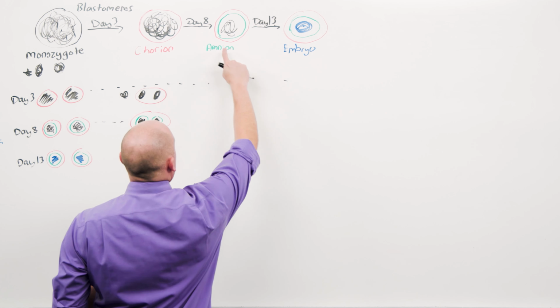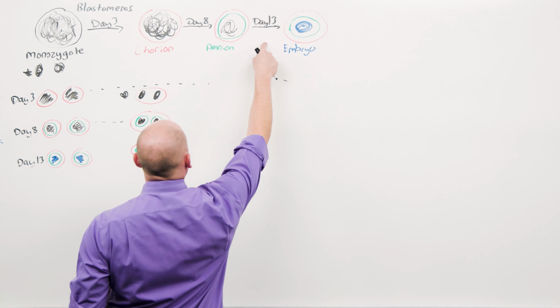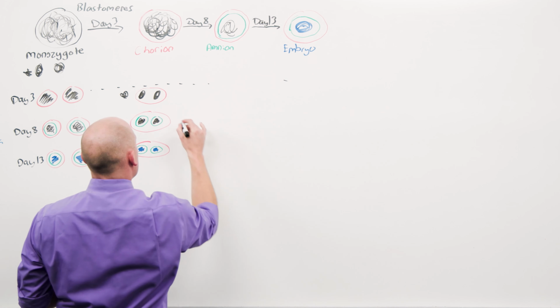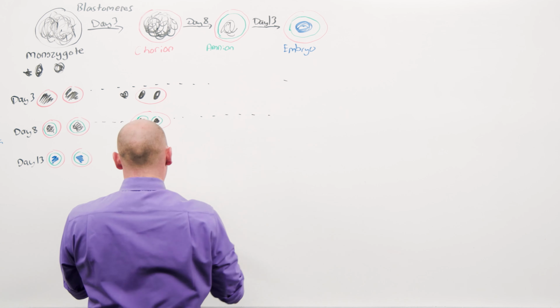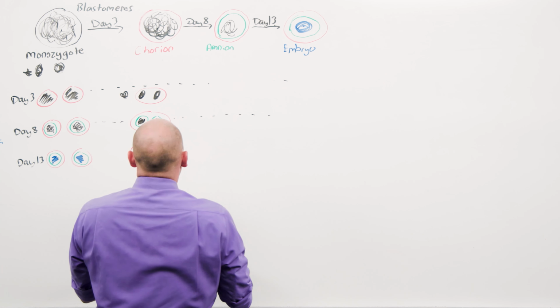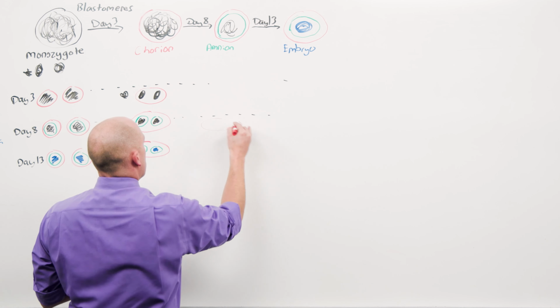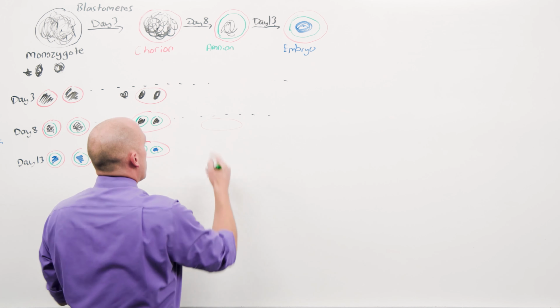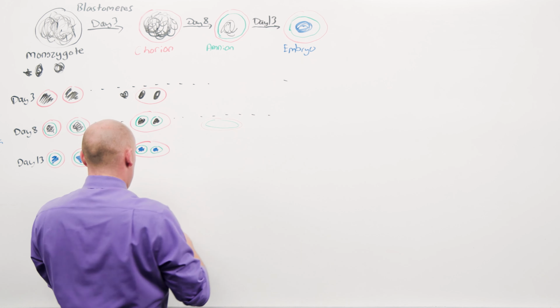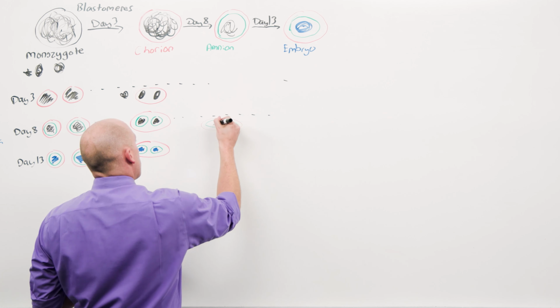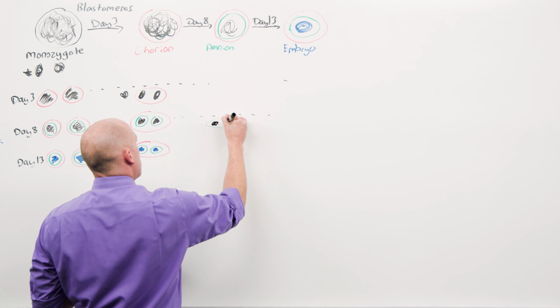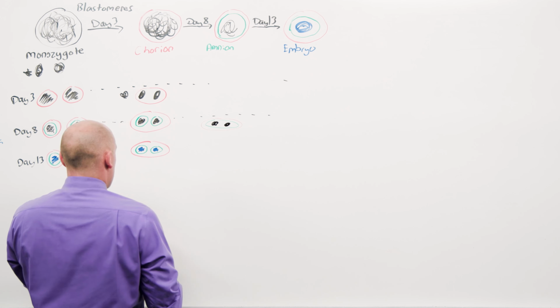If the twinning event happens after day 8 but before day 13, the amnion will have already differentiated. So there'll be 1 chorion, 1 amnion, and the twinning event, 2 totipotent organisms.